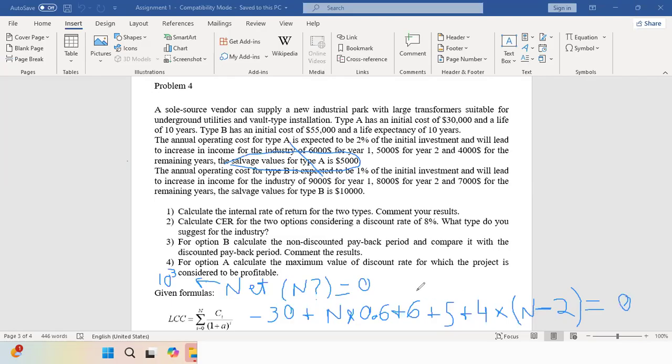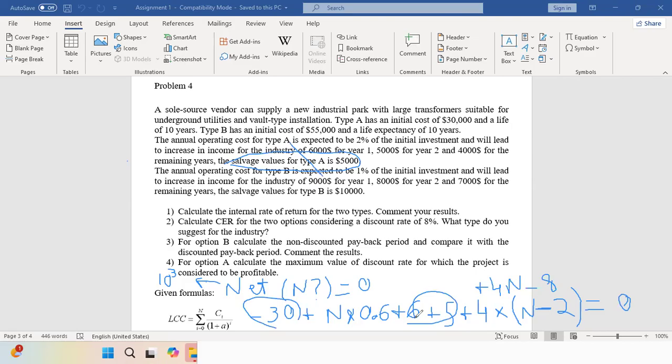So here, we have plus 4N minus 8. Okay, so we have minus 30 plus 11, which is minus 19.